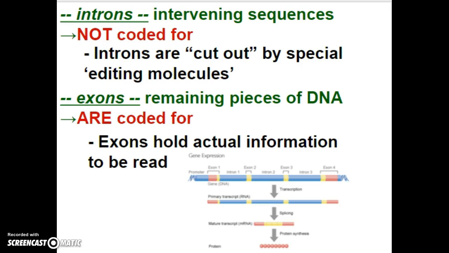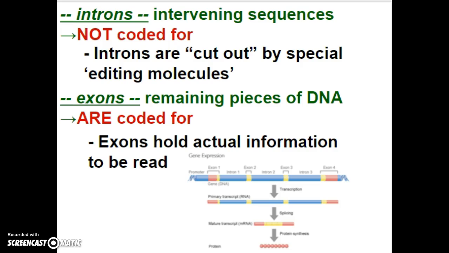If there's a mistake in the exon, there may be some functional problems with the organism. If a mistake is made in the intron, it doesn't matter because those are cut out and the bases that were used for that are recycled back into the nucleus to be used again.